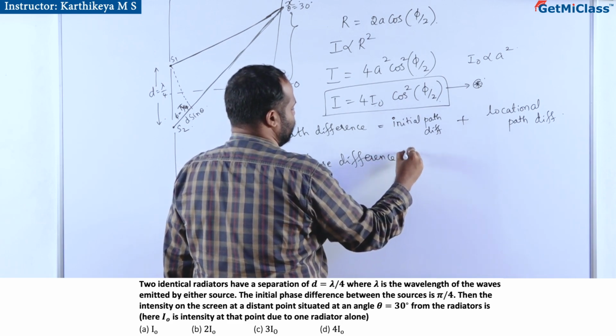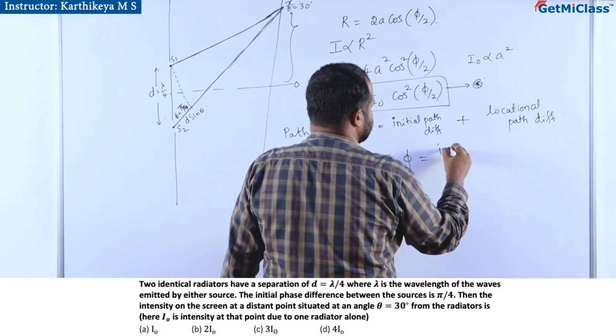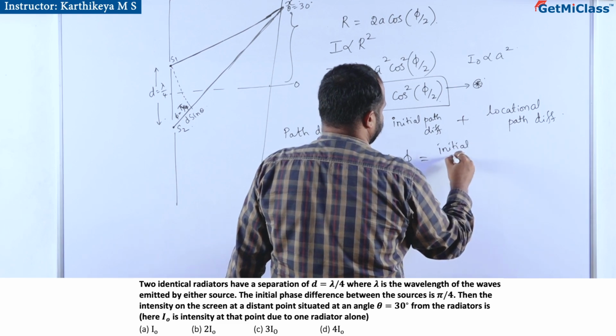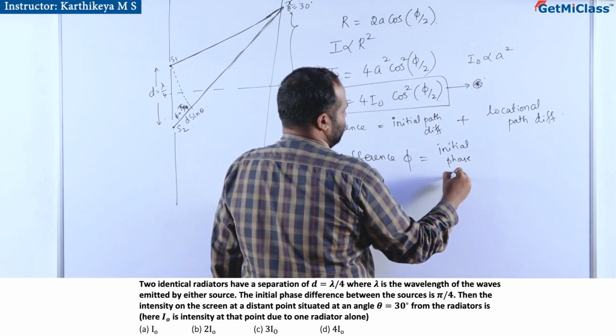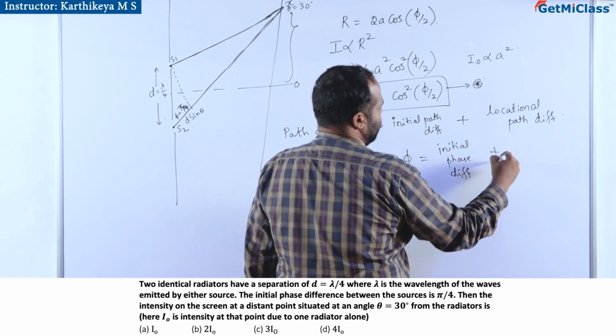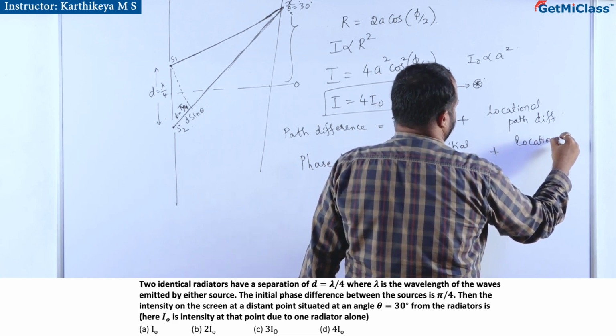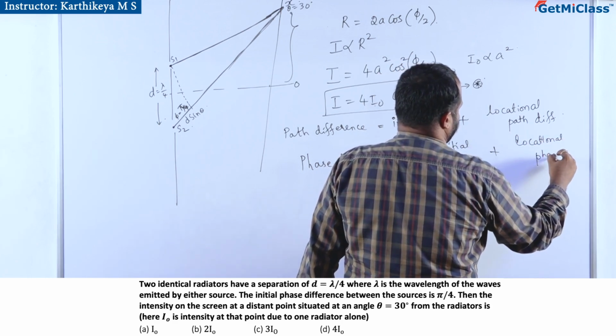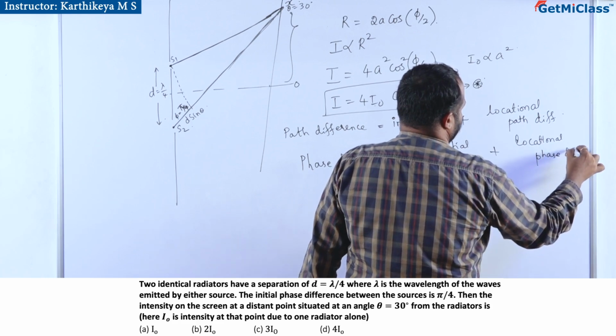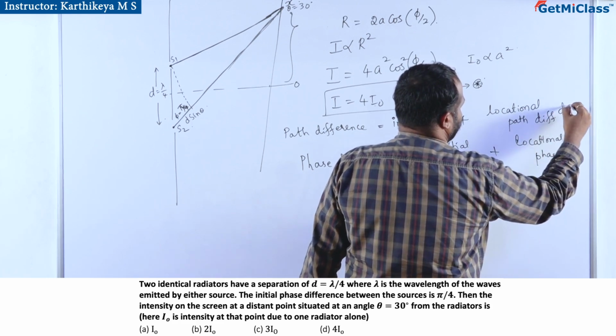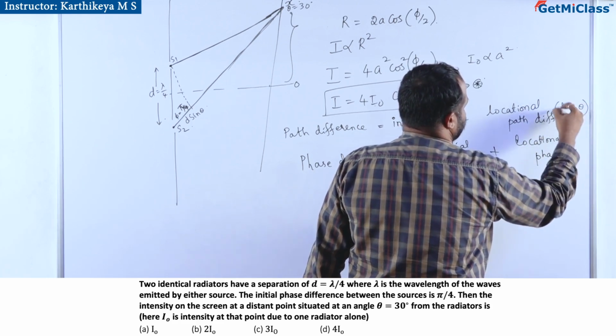Phase difference phi is initial phase difference plus locational phase difference. So locational path difference is actually d sin theta.